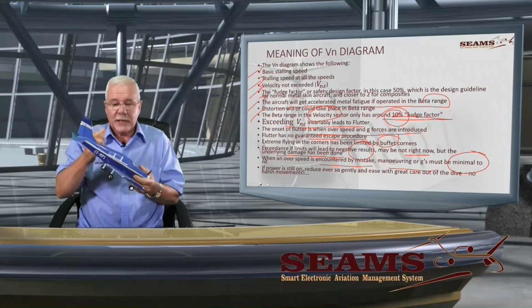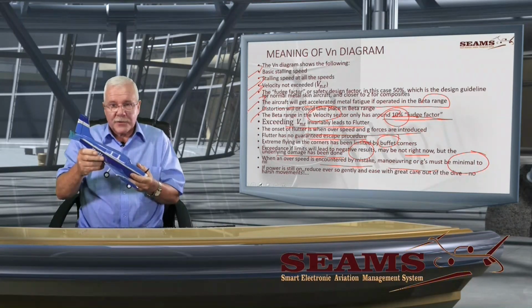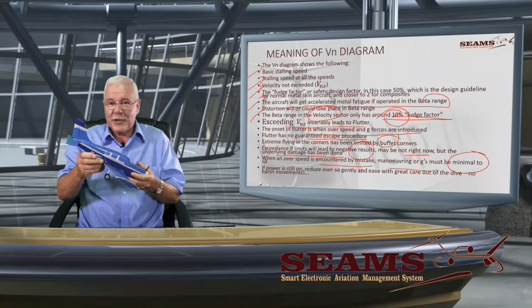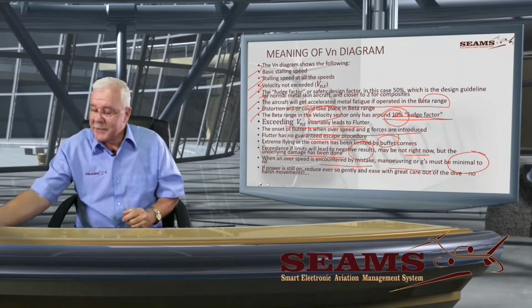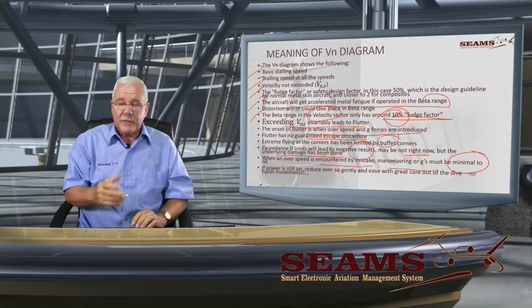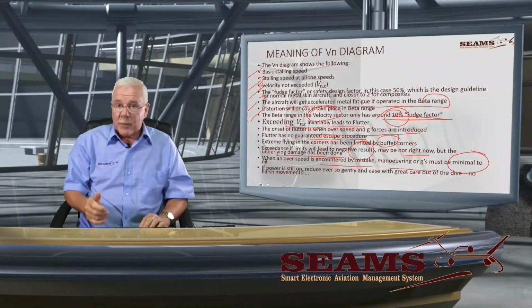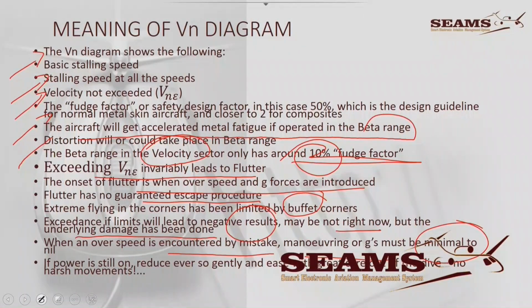And ever so slowly, you must catch that nose so that there's no movement, no movement, no movement. Very, very slow. Any harsh maneuvering and the onset of flutter is probably guaranteed once you're over there. So be careful. If power is still on, obviously you've got to reduce it.